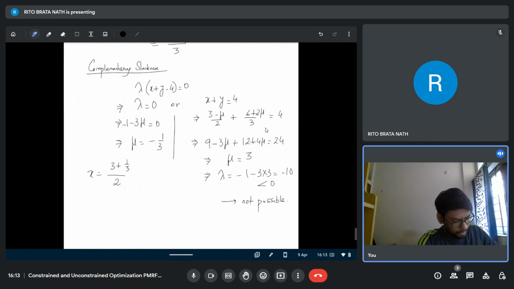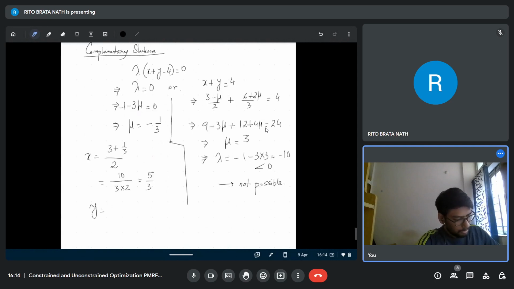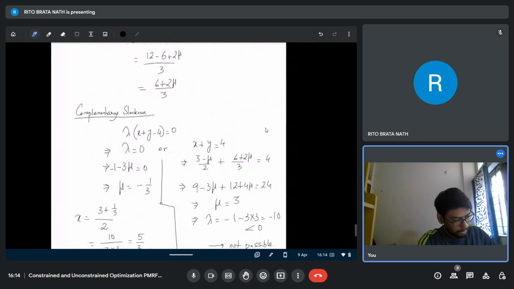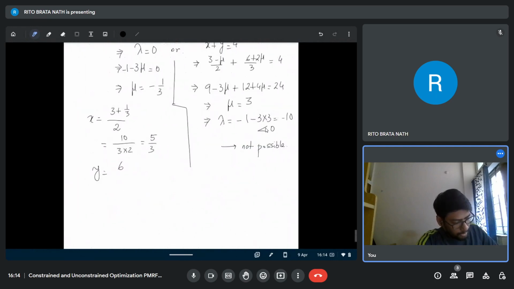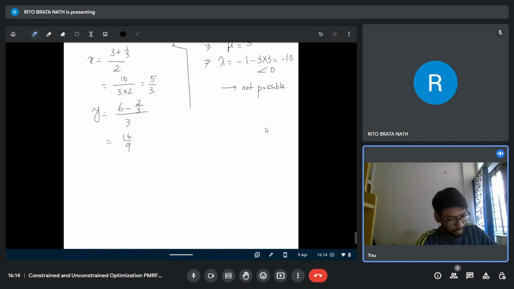So that's 10 by 3 over 2. So that's 5 by 3. And y is 6 plus 2 mu by 3. So that's 16 by 9. So the optimal point (x star, y star) is 5 by 3, 16 by 9.